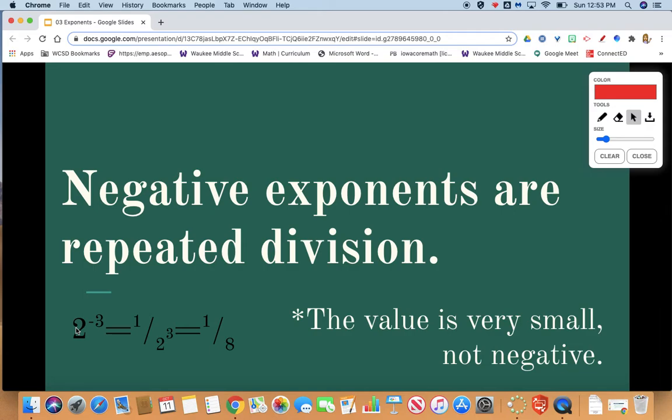But the way that we can figure that out if we don't have the pattern in front of us is we can place a 1 over top of the exponent in a fraction setup. And that makes the exponent, 2 to the third, a positive, as long as it's on the bottom. So 2 to the third, we would then solve to get 8. So 1 over 8 would be our answer for 2 to the negative third. Please write this down if you have not done so already. Again, this makes our value very small, but not negative.